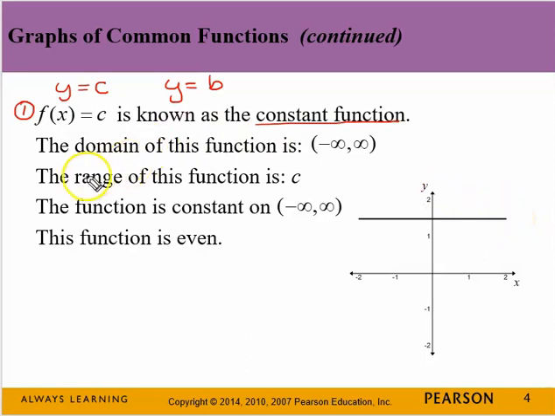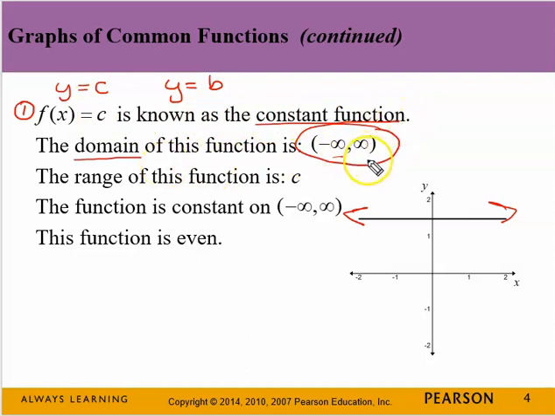So what is the domain? Well, the domain of this is coming from negative infinity to positive infinity, written in interval notation this way. So you want to write the domain of this function, a little sketch, and this is the constant function. Build up your vocabulary.